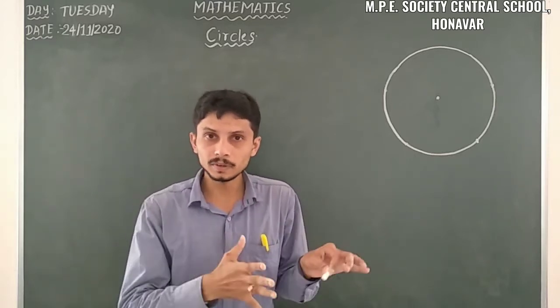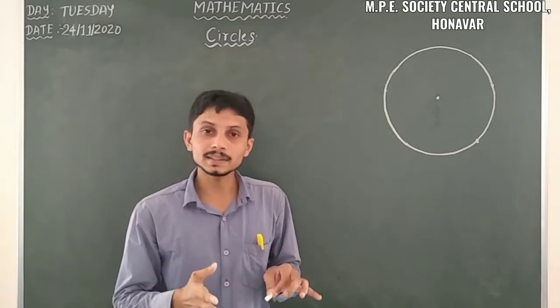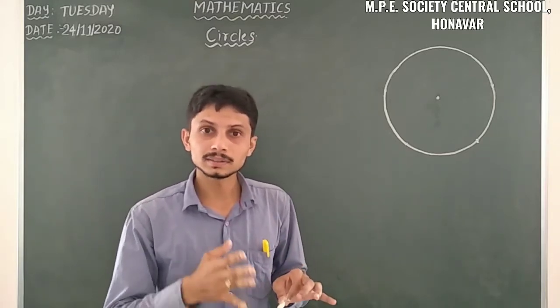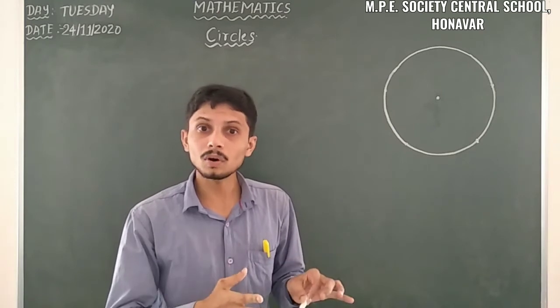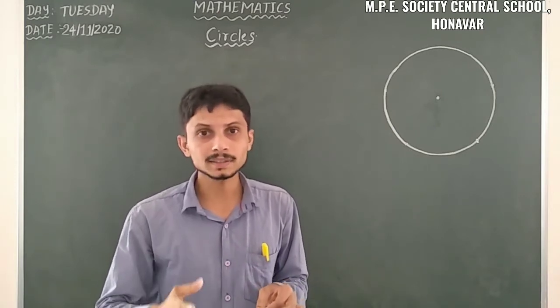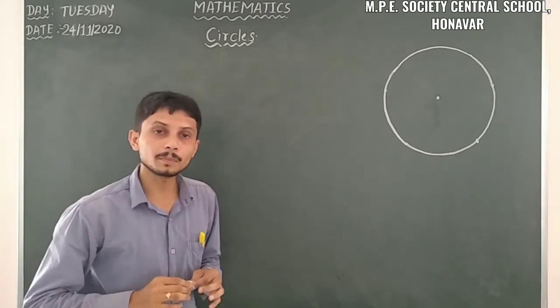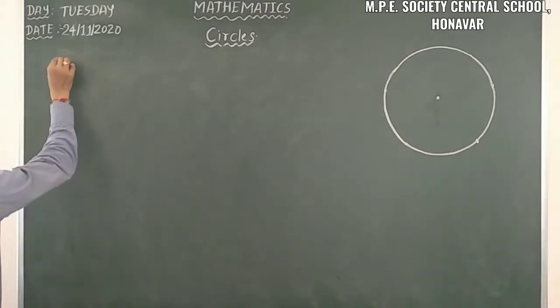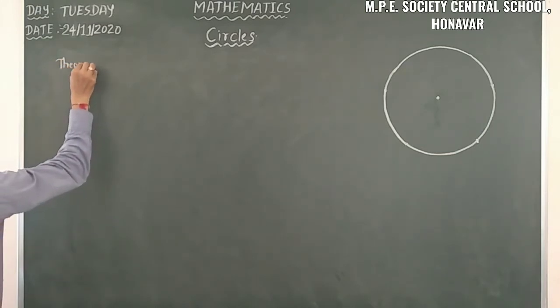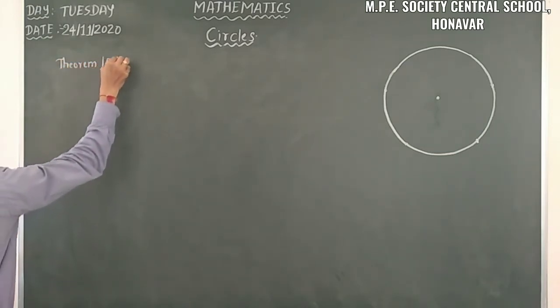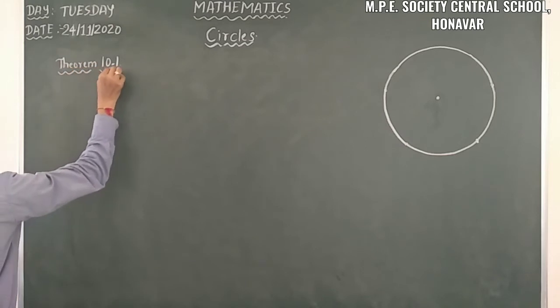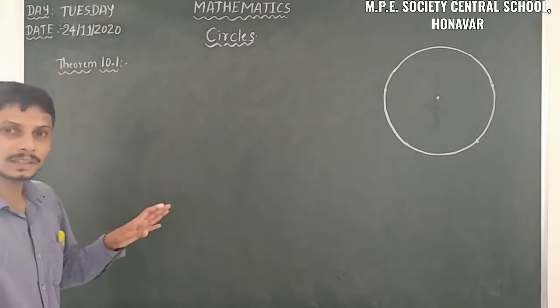So we have to connect those things. That is, equal chords of a circle subtend equal angles at the center. So let us take theorem 10.1. A simple theorem it is.